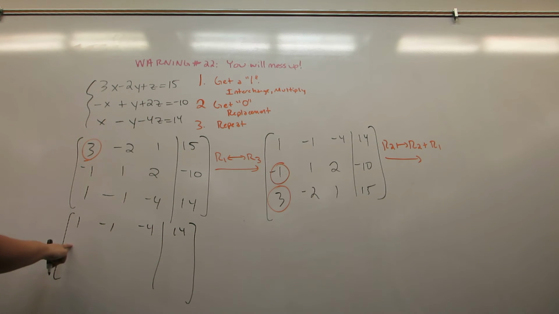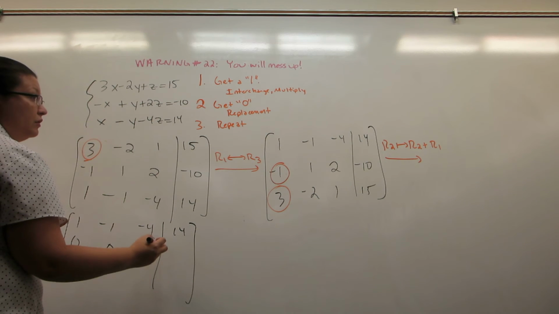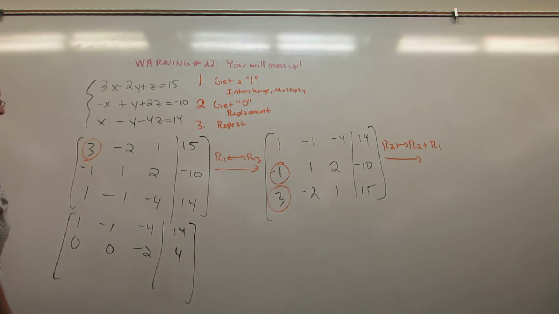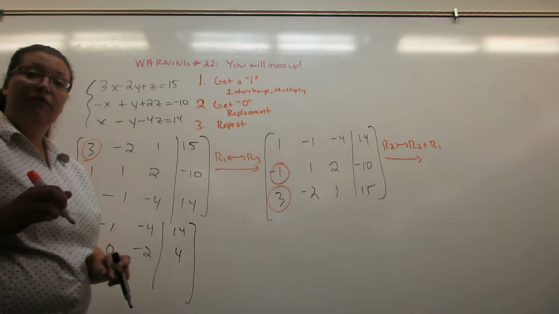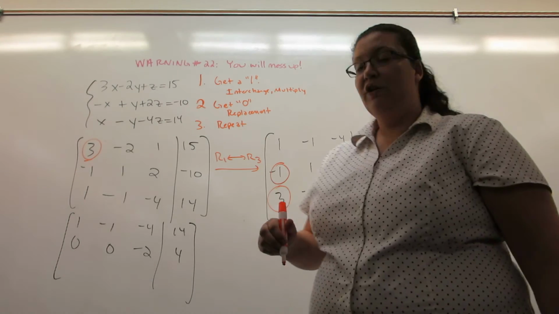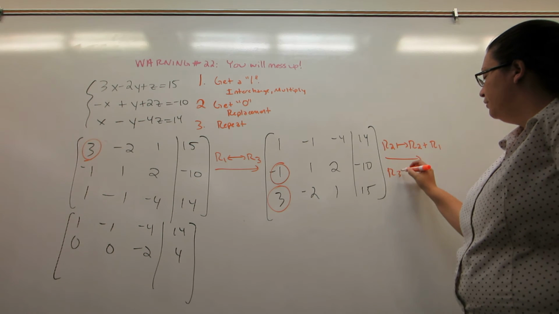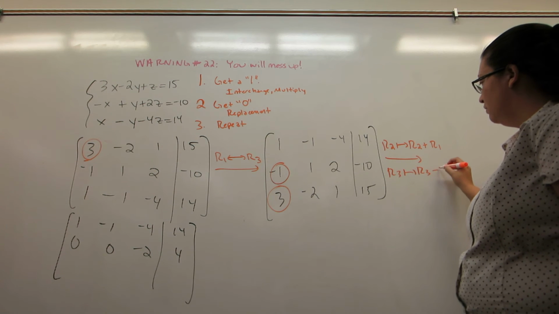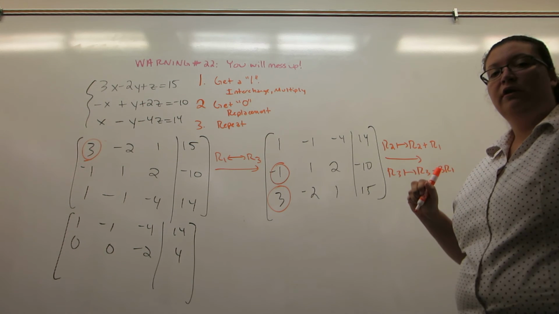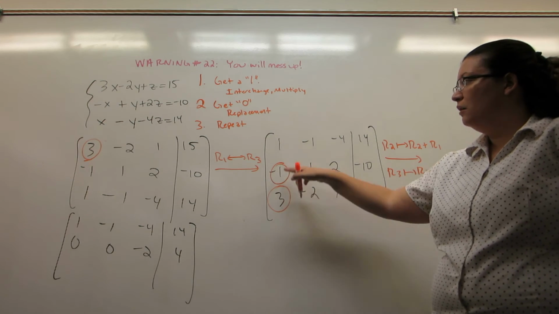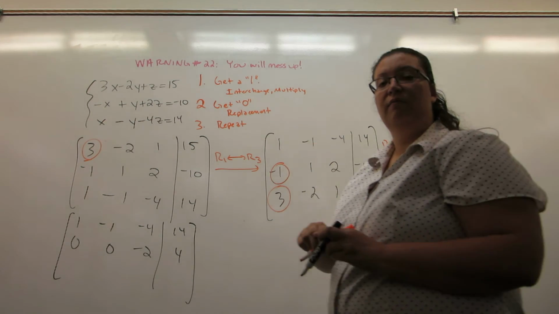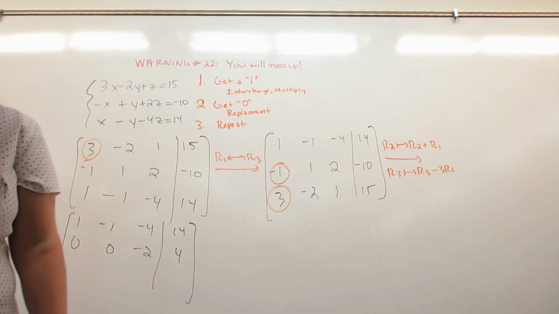My second row becomes 0, 0, minus 2, 4. And my third row I'm going to fix in the same step. So I'm going to go back over here and say row 3 is going to be replaced with row 3 minus 3r1. Because 3 minus 3 times 1 will give me the 0 that I want there.